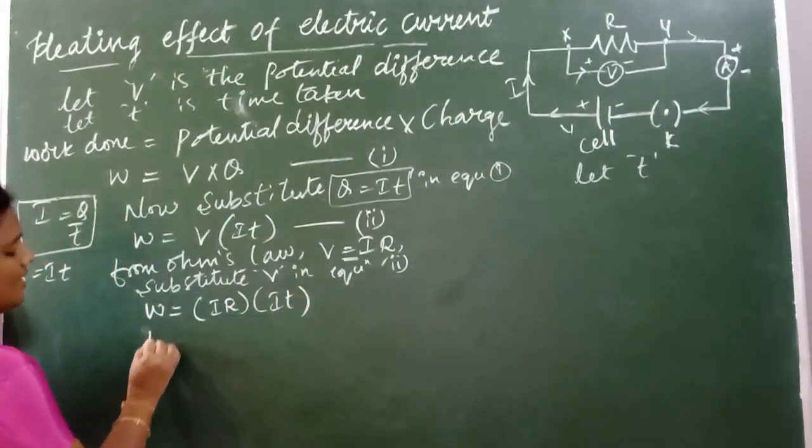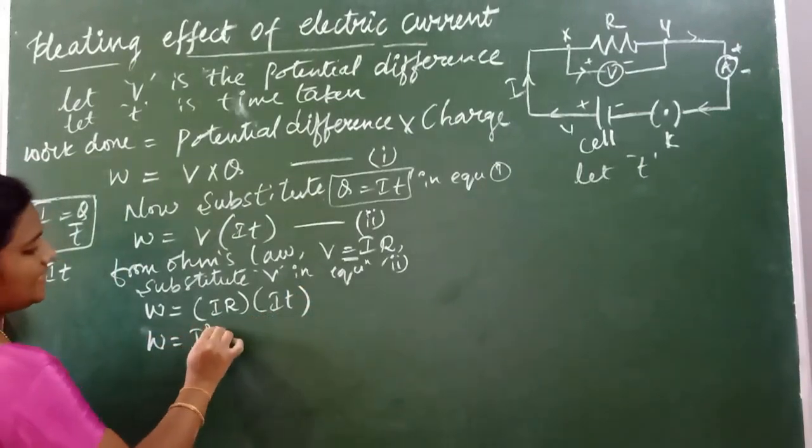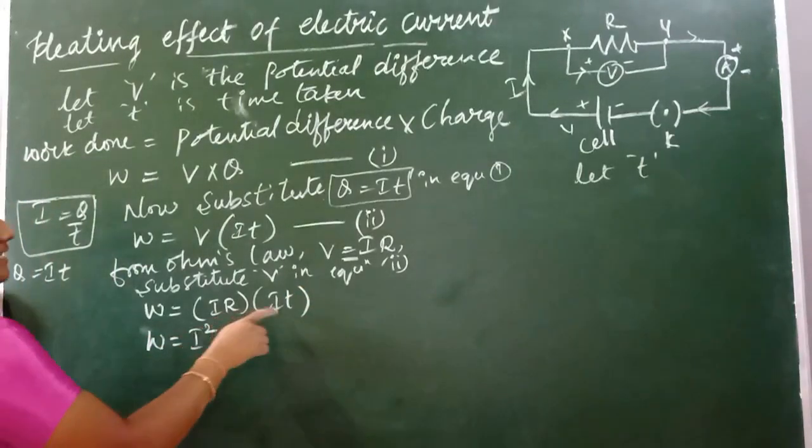It means that W is equal to I into I, nothing but I square we can write. Isn't it, children? What has remained?